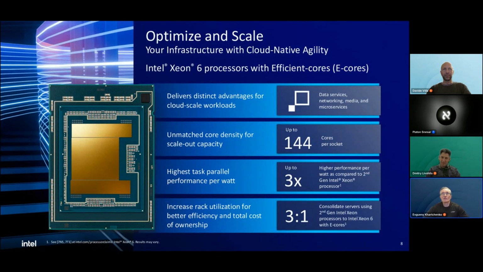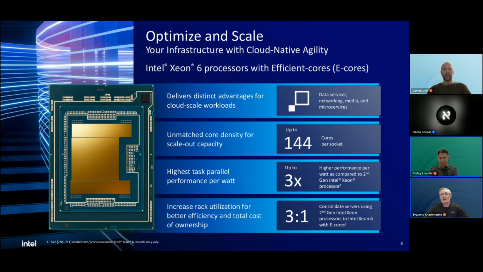Okay, from now on, I'm going to be talking about E-cores. Due to their nature, by design, they are integer optimized. They are mostly applicable in cloud scale workloads like data services, networking, media, and microservices. In a typical platform, you can get up to 144 cores.